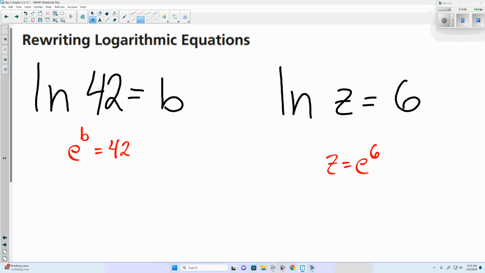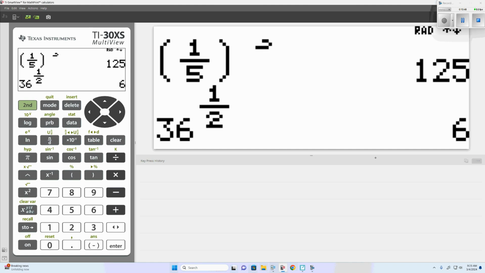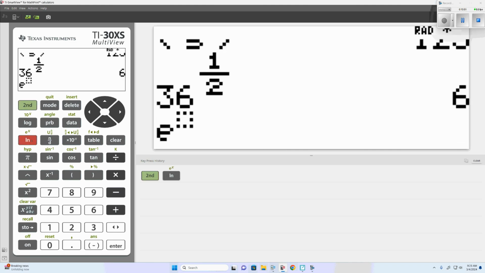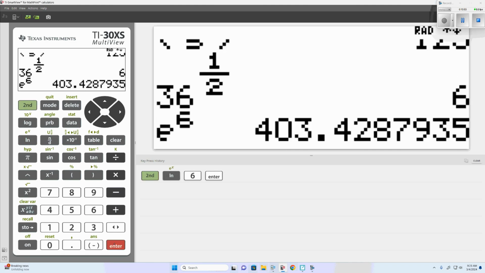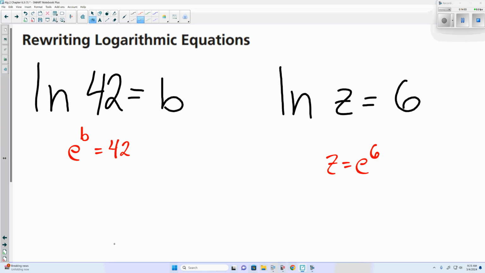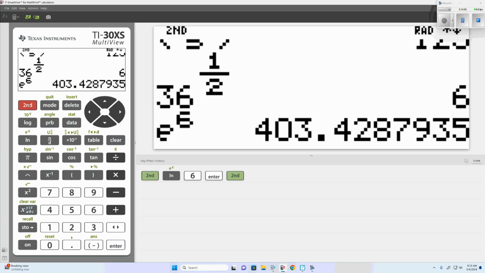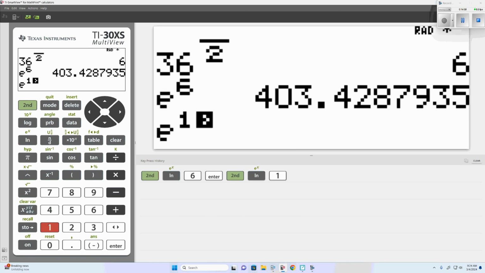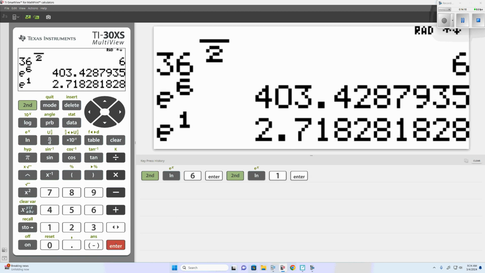And that's because if we look at this last one here, e to the 6th is a non-repeating, non-terminating decimal. It's going to be an irrational number. E is 2.71. It is in the same category as pi. 2.71828. And it's a non-repeating, non-terminating decimal. It seems like it does repeat here, but if we keep going on, it doesn't end.